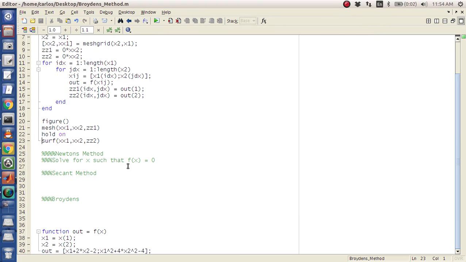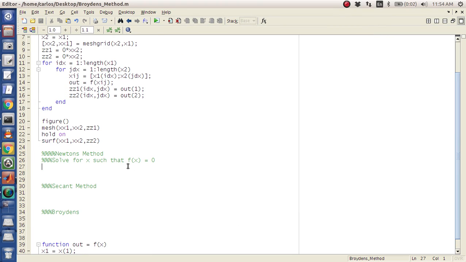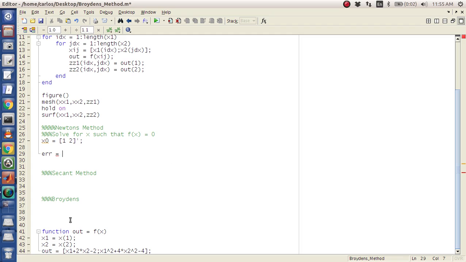But here we go. So how do you do Newton's method? For Newton's method, you need an initial guess. So I'm just going to do 1, 2, just because I don't exactly know where it is. I'm going to compute my error, so I'm going to make an error function, out equals error of x.